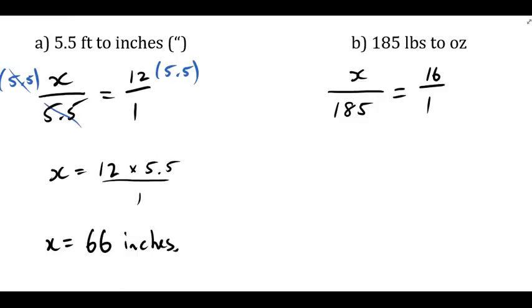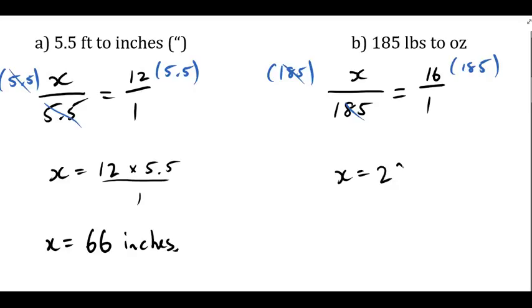All right, so what do I do in this case? Looks like we're going to multiply by 185. So we're multiplying again. 16 times 185. 2,960, and that is ounces.